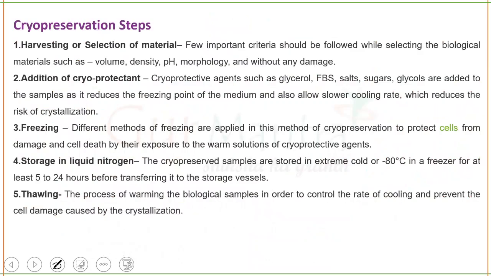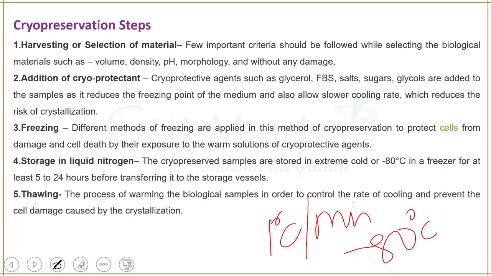So the steps in cryopreservation. First, you're going to harvest your material, that is your sample. Then you're going to add the cryoprotectant which is required, along with the growth media. Then you will start freezing. First is slow freezing, that is 1 degree Celsius per minute till minus 80 degrees Celsius.